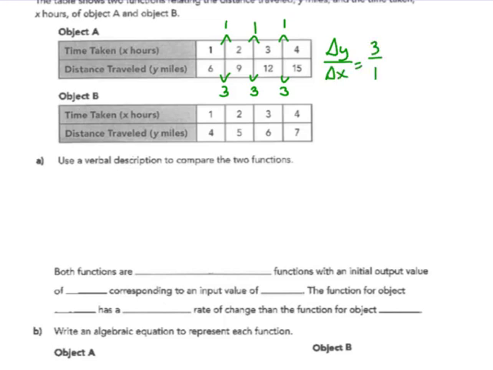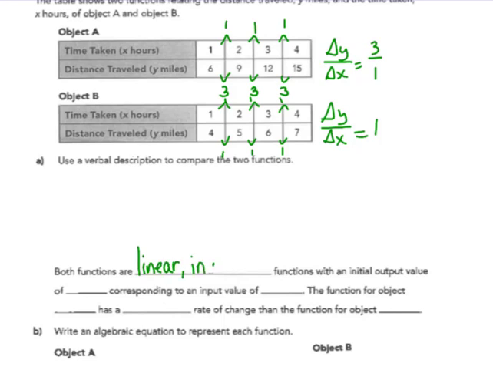In object B's travel time, it's up 1 and over 1. So delta y over delta x in object B is 1. So they are both increasing, and they are linear because they have a constant rate of change.